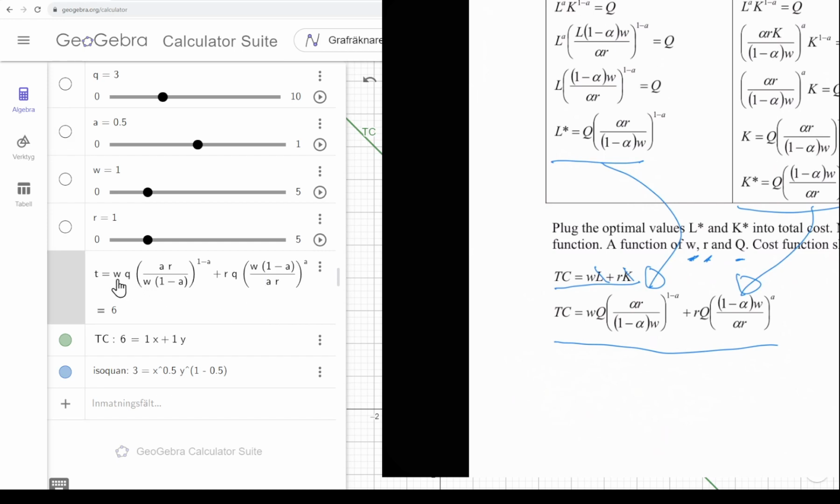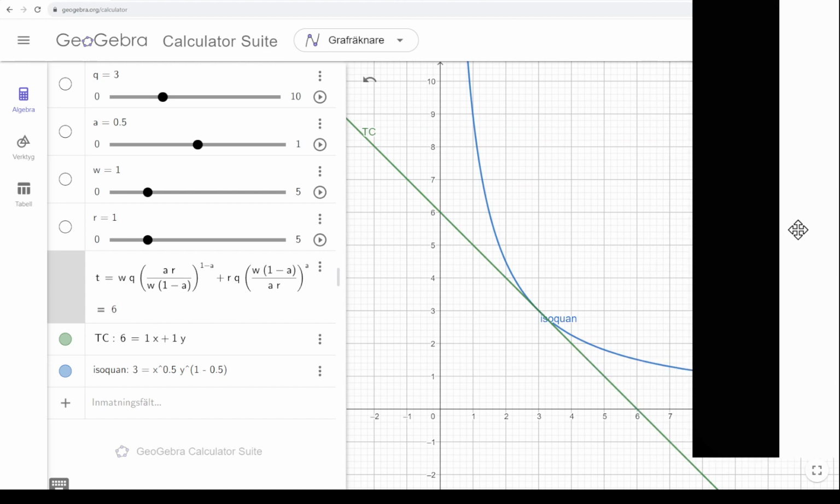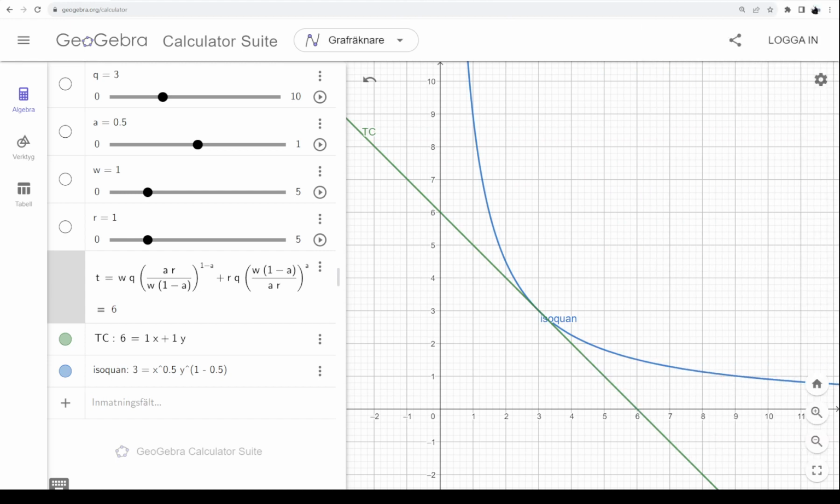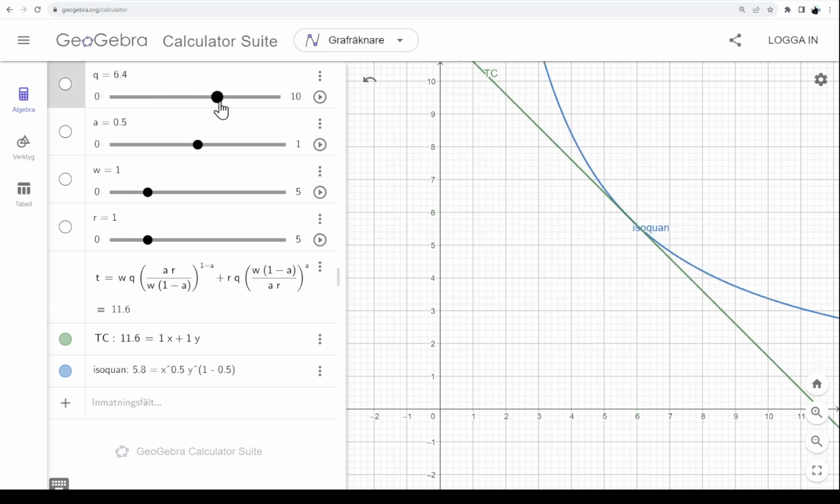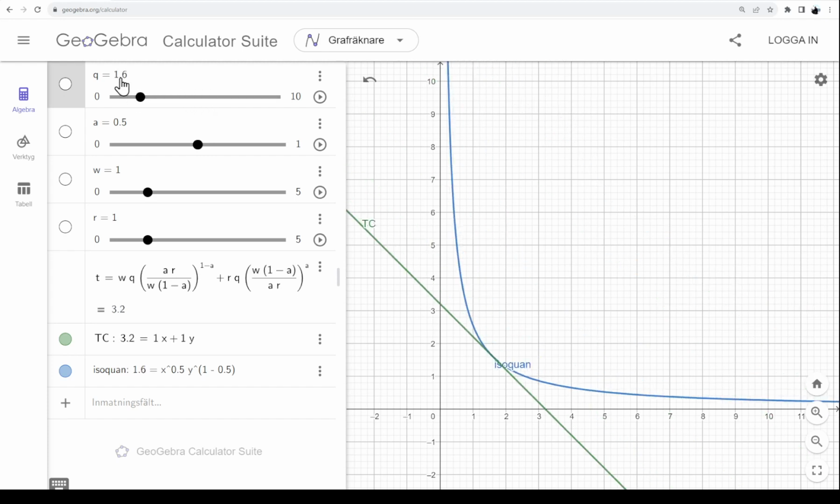So this is exactly the same, W, Q, alpha, R, and so on and so forth. And then I took all these parameters that we had, Q, alpha, W, R, and stated them here with sliders. So now I can change the level of output. See, 5.8, slide it down, 1.6.